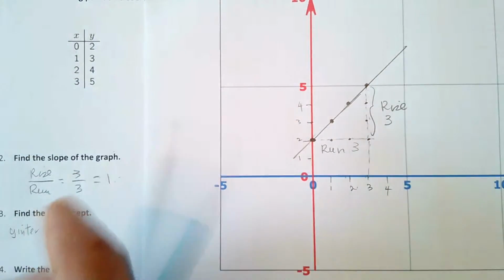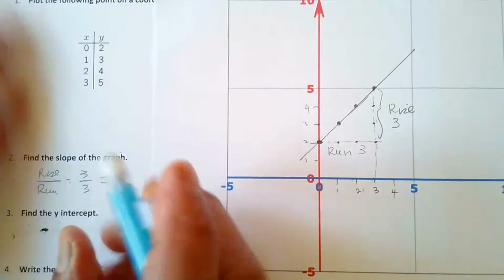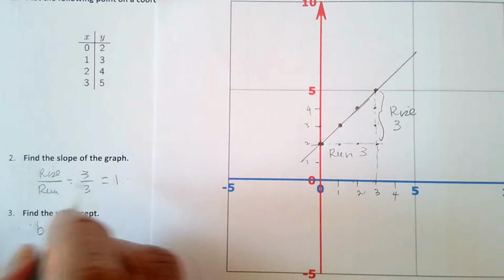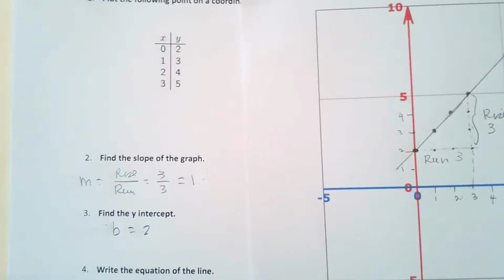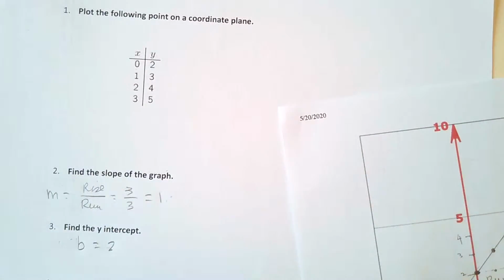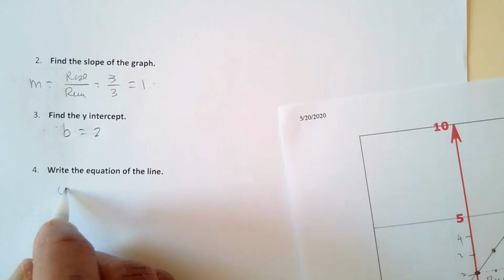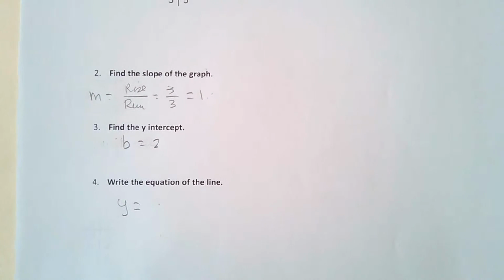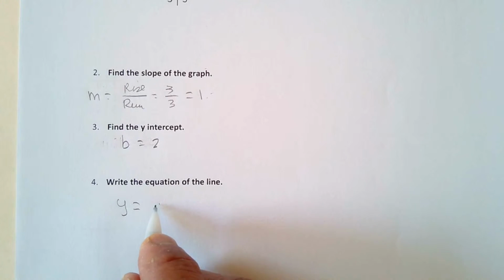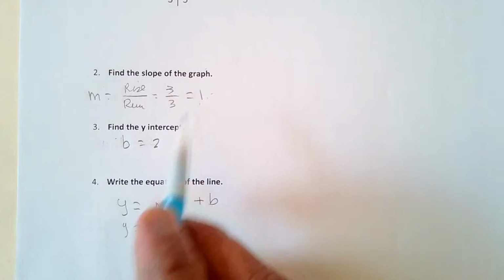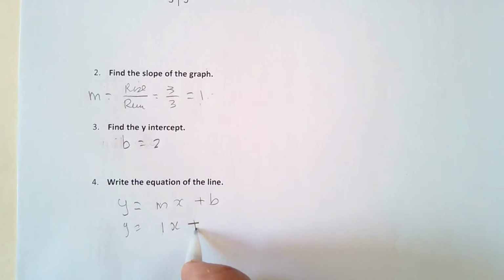Let's look at this. So we can say b is equal to 2 and m is equal to 1. So my equation for this set of data is y equals, you can rewrite this formula, y is equal to 1x plus 2.